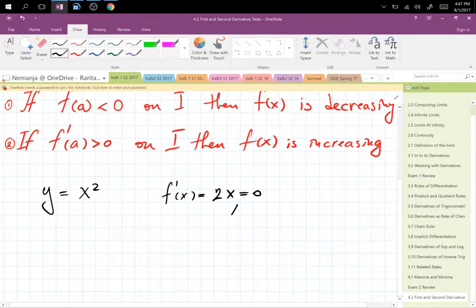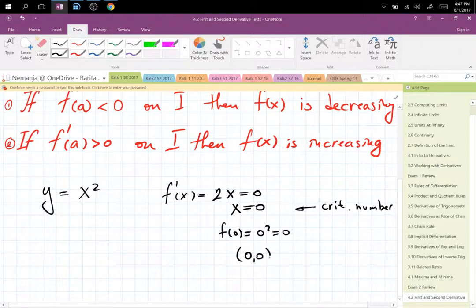We set it equal to 0. We get x equals 0. Remember that this is from last class, critical number. Then we plug that into the original function, and we get 0, 0. That is the critical number, critical point.